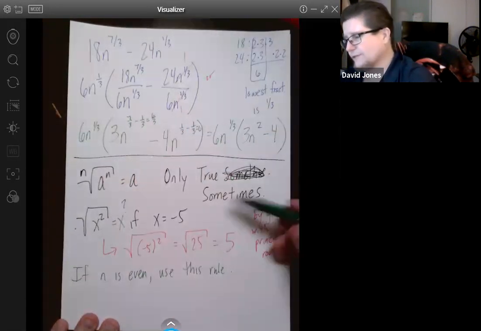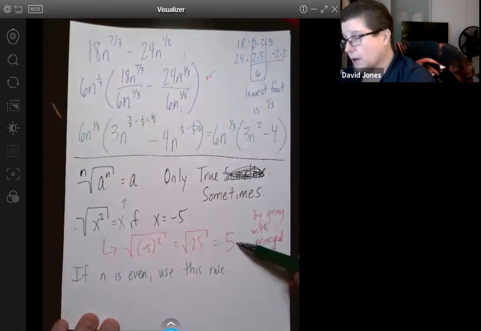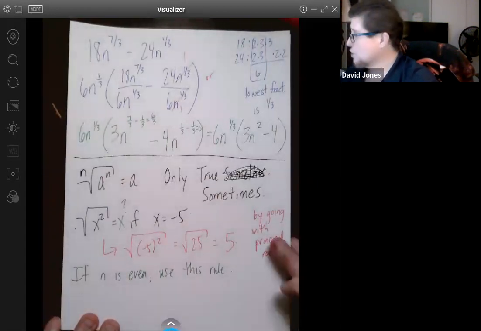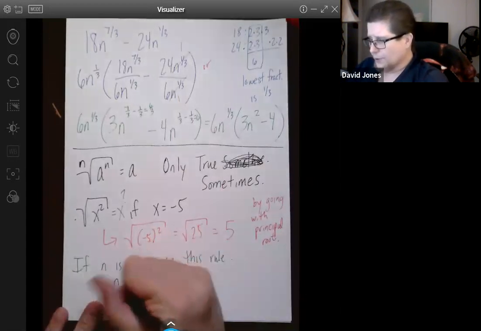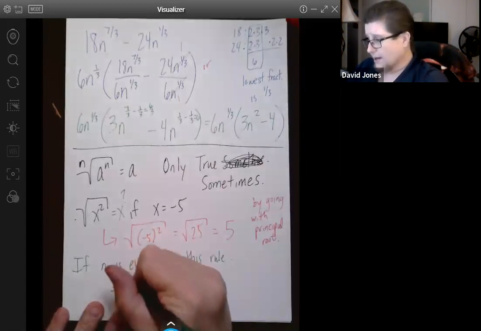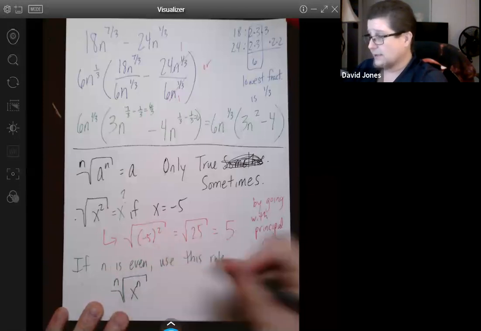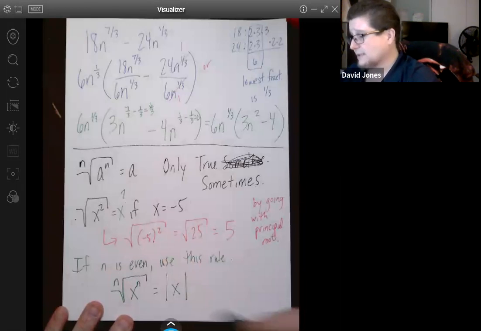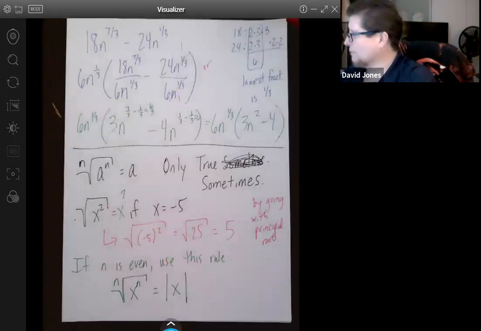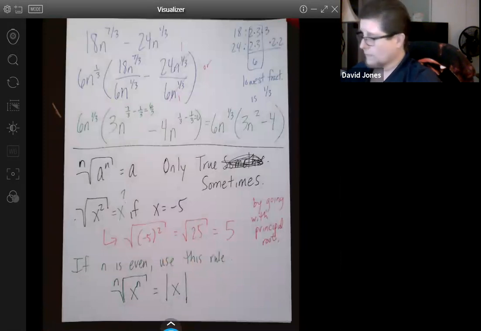Is that true if x equals -5? No, it ended up being +5. So what we're going to say is the nth root of x to the n, if n is even, is the absolute value of x. If x is positive or negative, we're going to use the positive one, okay?